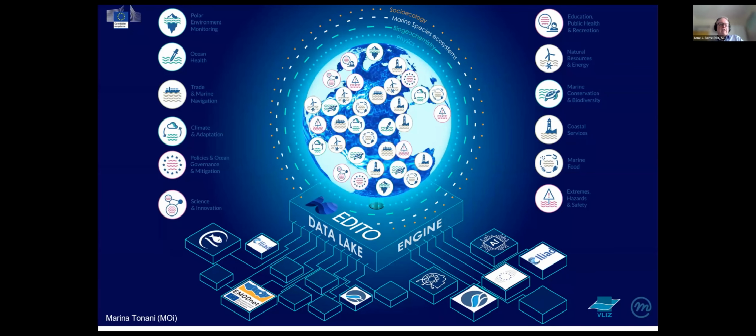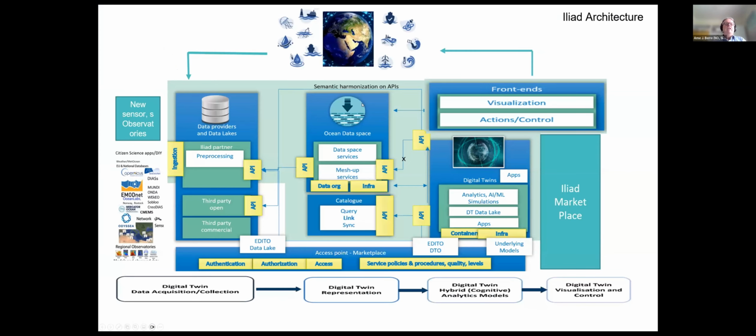We see the concept of a data lake, bringing data from a lot of different sources, including Iliad, EMODnet, and others, into the data lake, and then a digital twin engine that will support analytics and simulations and various kind of models with AI and predictions for a lot of different domains, which we see around kind of the globe here, with additional information for biochemistry, biodiversity, socioecology, and other things that will enhance and provide a set of digital twins that can interoperate.